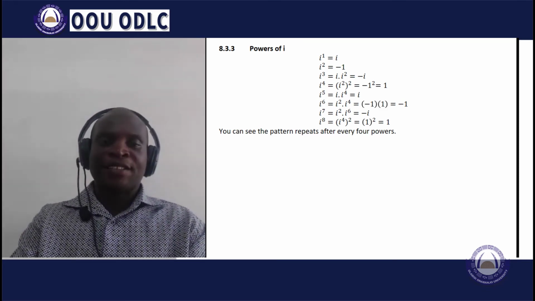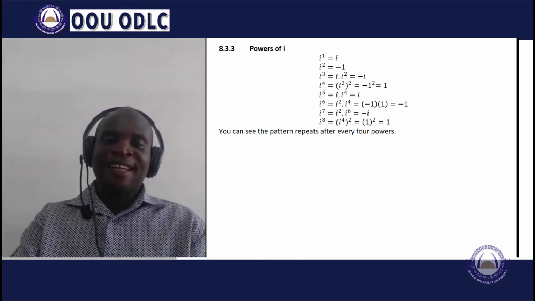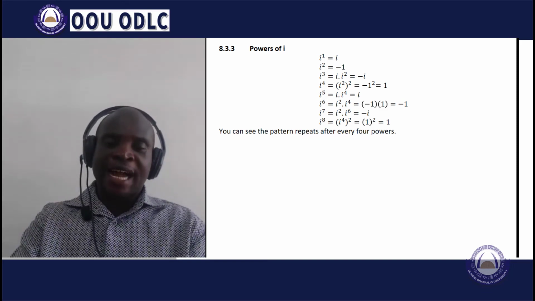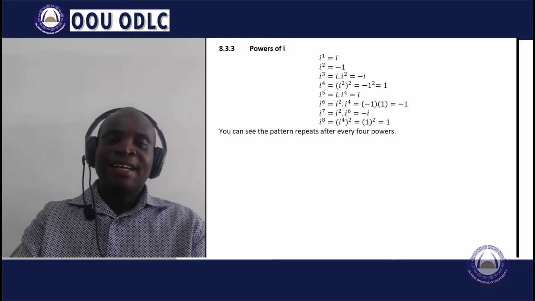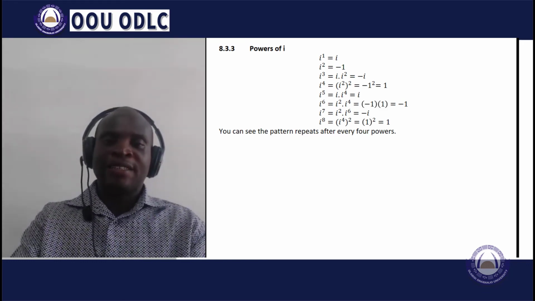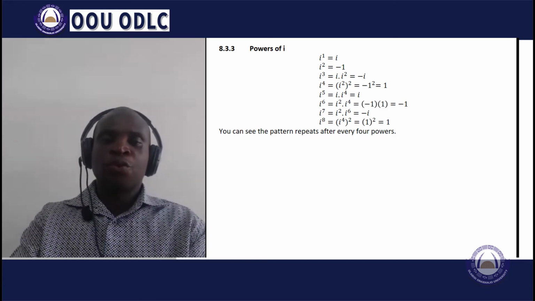Now, looking at i raised to power 6, basically this can be written as i squared times i raised to power 4. From what we have here, i squared is minus 1, and i raised to power 4 is 1. Minus 1 times 1 will give us minus 1.